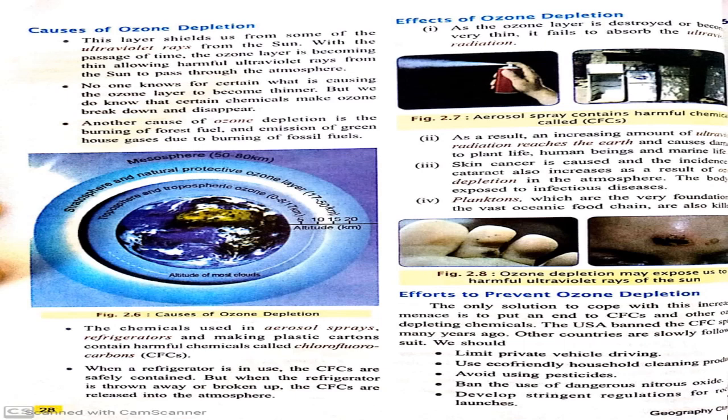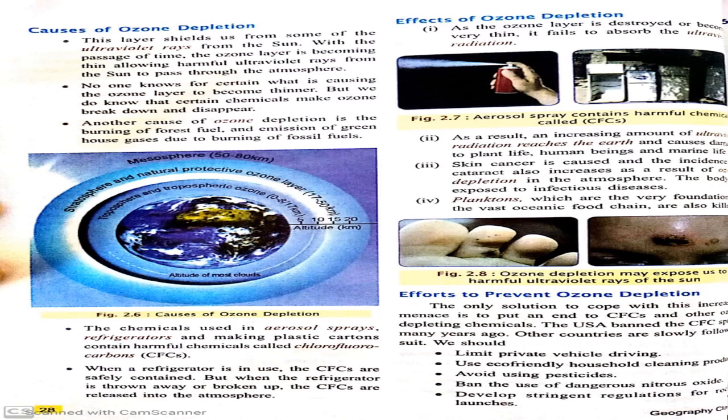So, effects of ozone depletion. You can see what the different effects are. What will happen if the ozone layer depletes? First, as the ozone layer is destroyed or becomes very thin, it fails to absorb the ultraviolet radiation.